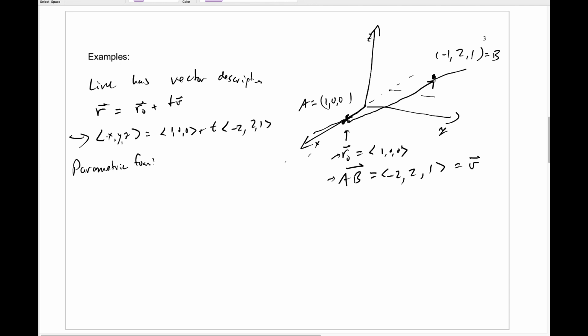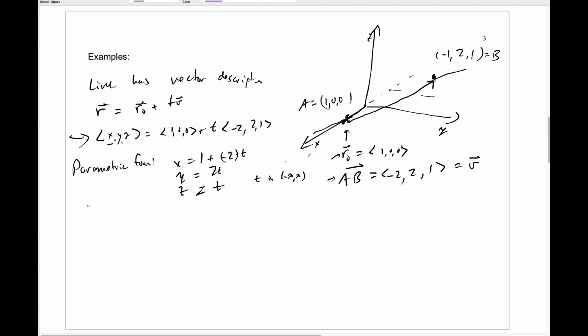Well, we just look at the first component. X equals 1 plus -2 times T. Y equals 0 plus 2T. Z equals 0 plus T. And again, here T is any real number. So here's the parametric form of this line.